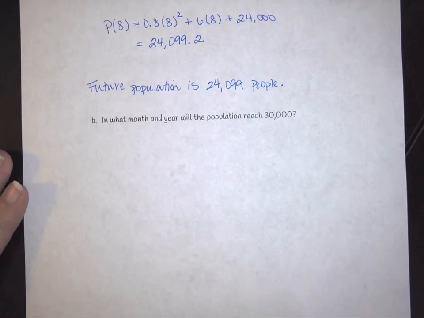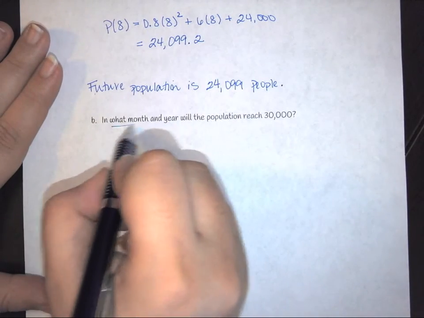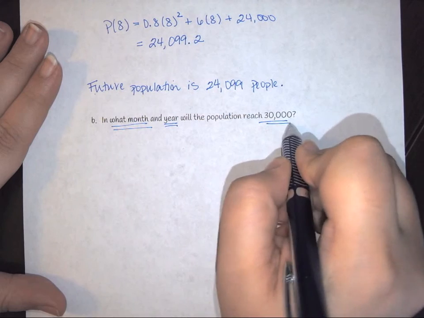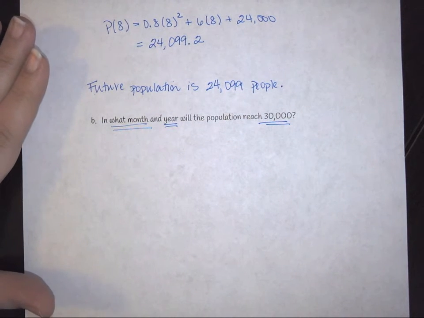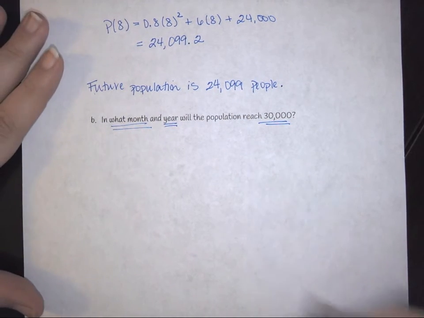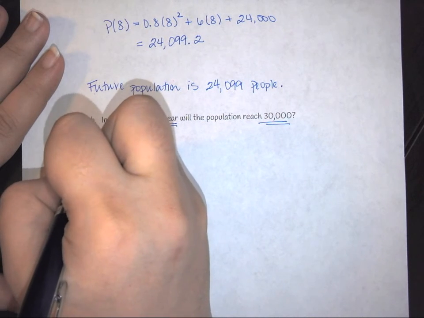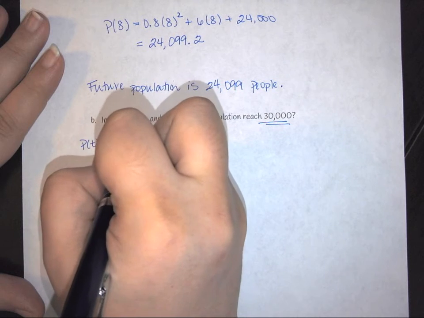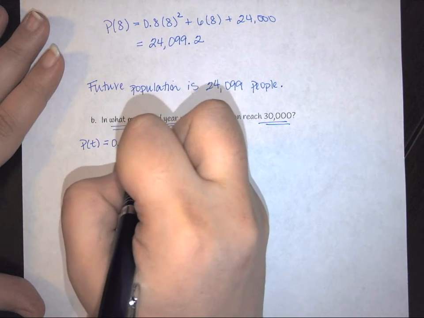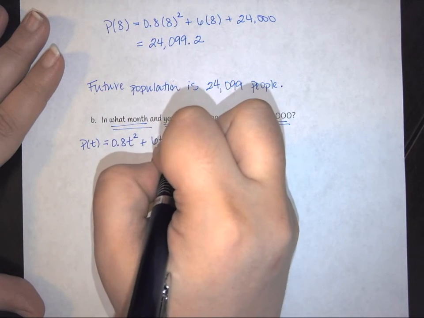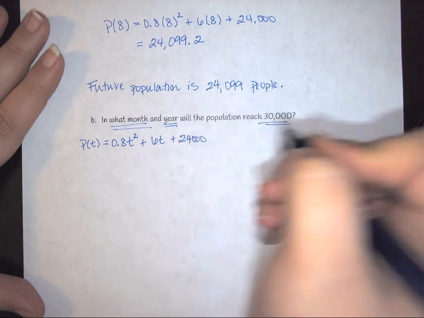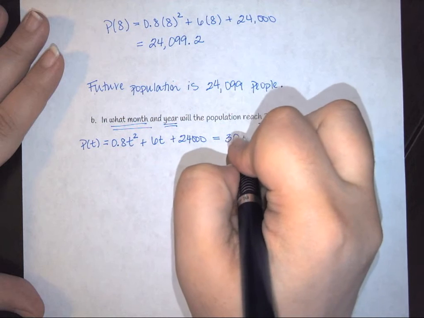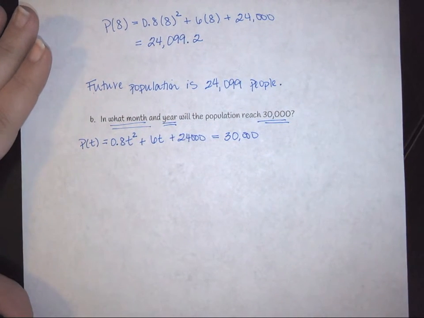Now, the second part says what month and year will we reach 30,000. So this is telling us that we have our population equation being 0.8t squared plus 6t plus 24,000, and we want to know how long it takes for this to equal 30,000.